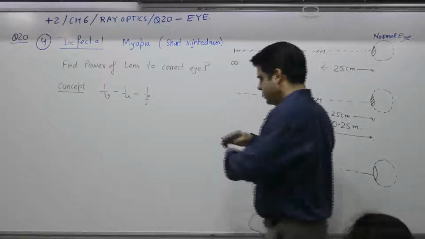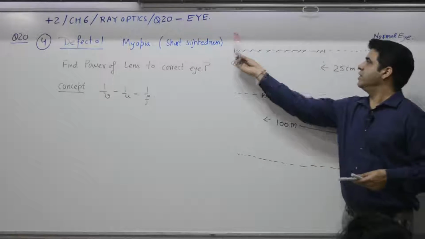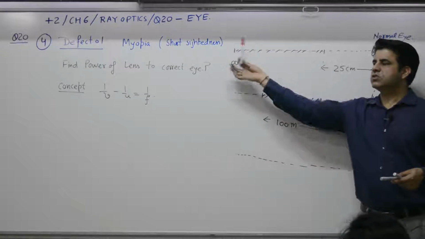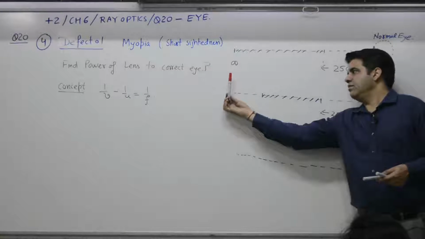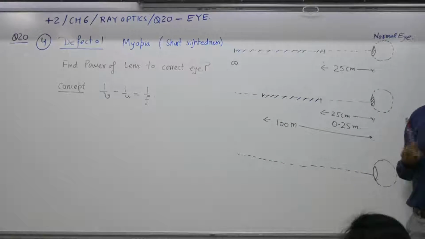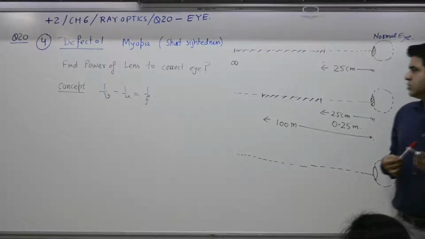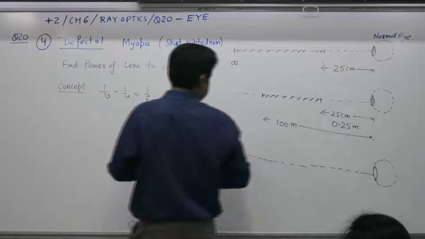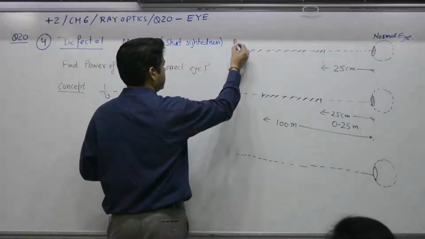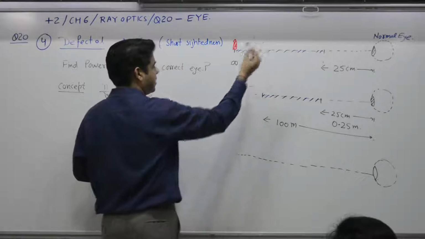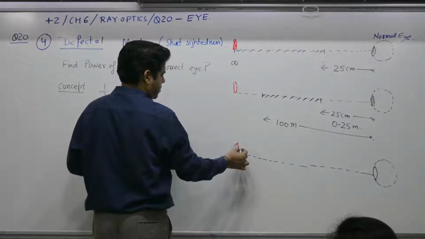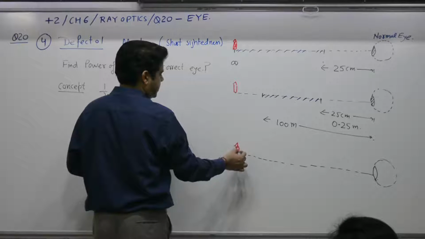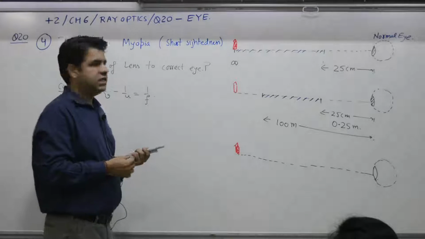Now if there is any object at infinity, a normal eye can see it at a large distance. But for this particular person with a defective eye, if the object is at infinity, the person won't be able to see it clearly. So the object is at infinity.